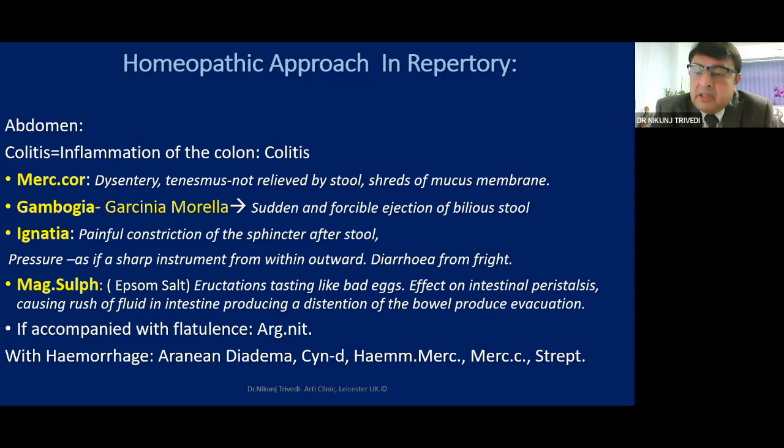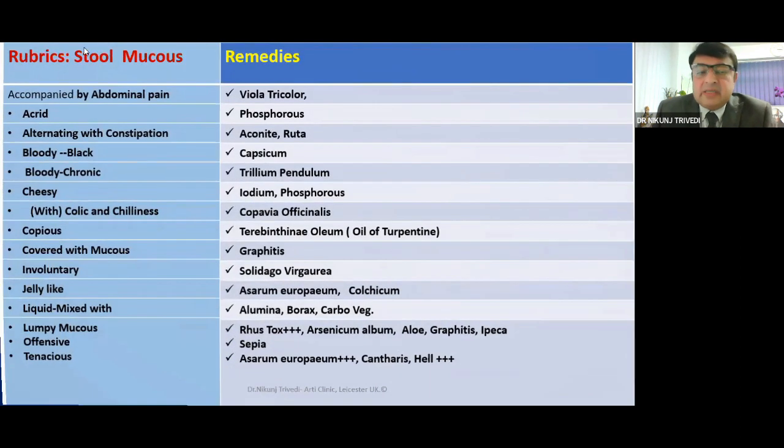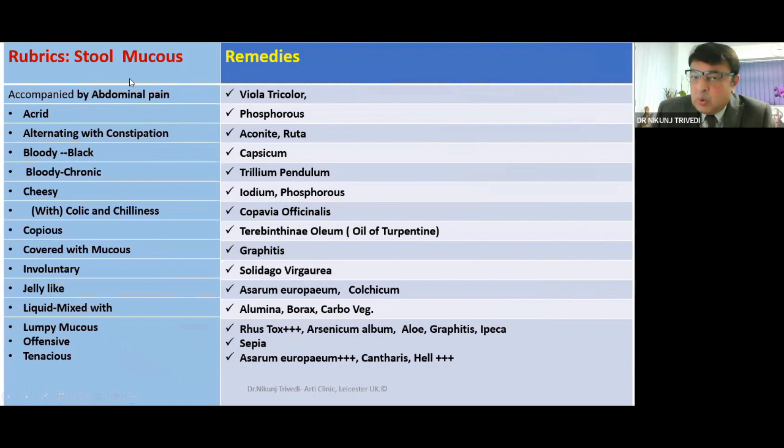Argentum nitricum is another very good remedy for digestive disorder. And with amoebiasis, the patient is always passing mucus in the stool. And if we consider the rubric stool mucus, these are the remedies.